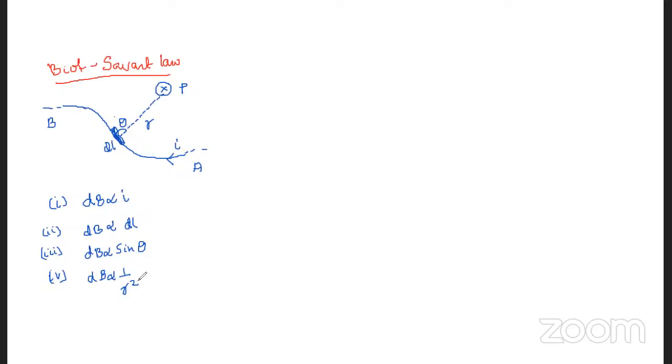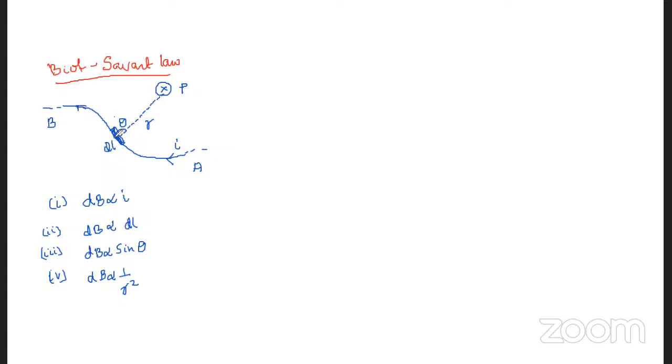So what Biot and Savart have observed is, once again I'll explain here, they considered a current carrying conductor AB of any arbitrary shape, and that conductor has been divided into a number of smaller elements. One such element is dl.